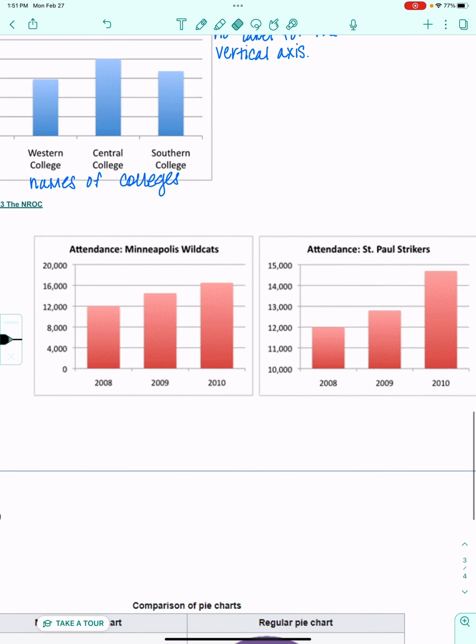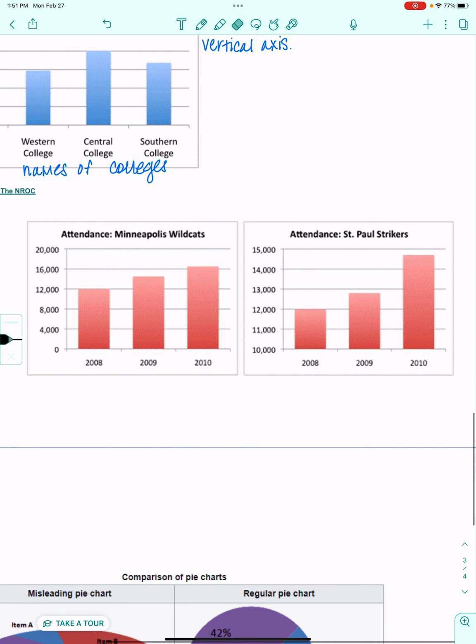Now let's take a look at attendance for a game, some type of sporting event. I'm guessing with the St. Paul Strikers, could be a baseball team, could be a bowling team, who knows?